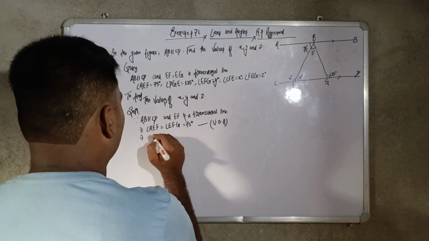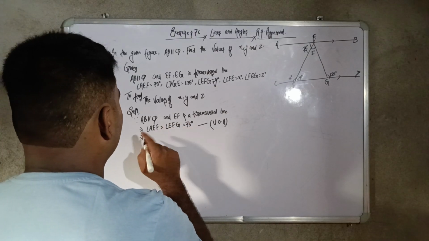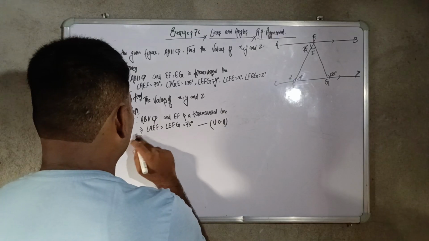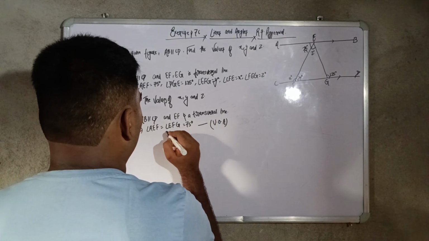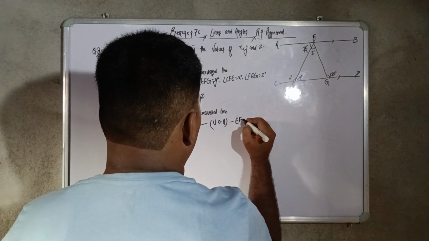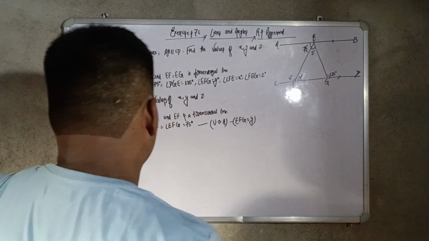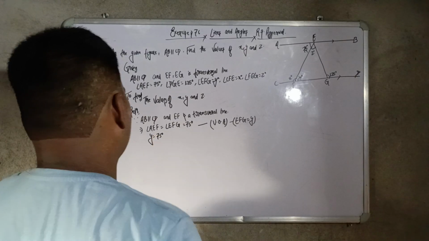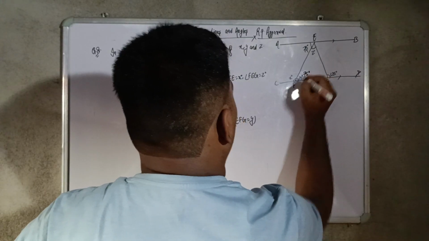We have to write here again 75 degree. Angle EFG equals y, so here y equals 75 degree.